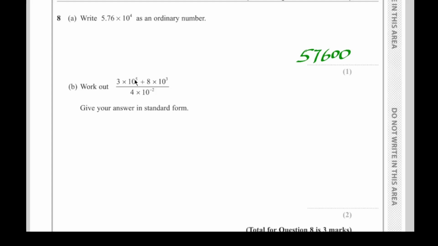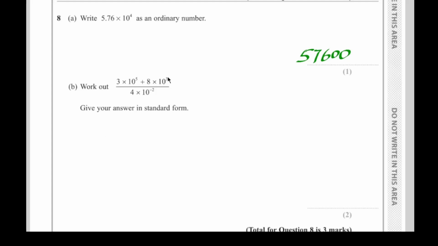Sometimes you are getting higher powers here, like 10 to the power of 105, 10 to the power of 114. Then you can't use the calculator, so I'm going to teach you the manual way. If in case you get a higher power here, you can use this method. Still, for this question, you can use the calculator. Okay, so let's do it manually.